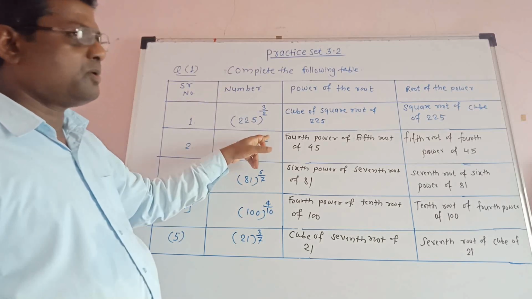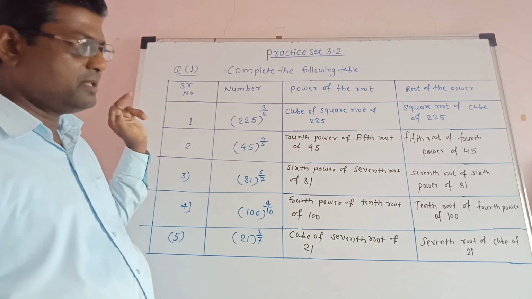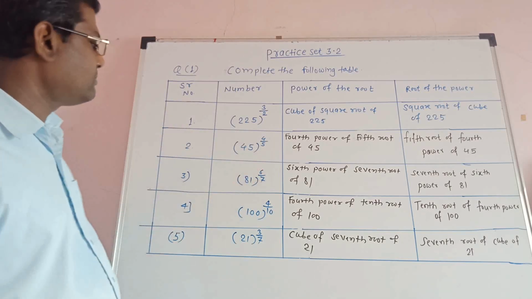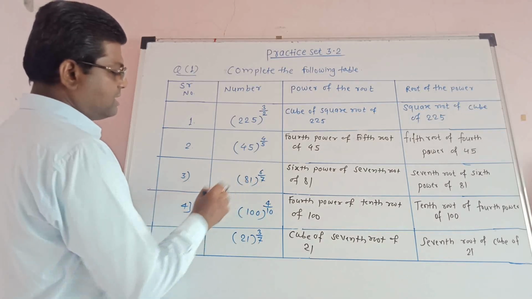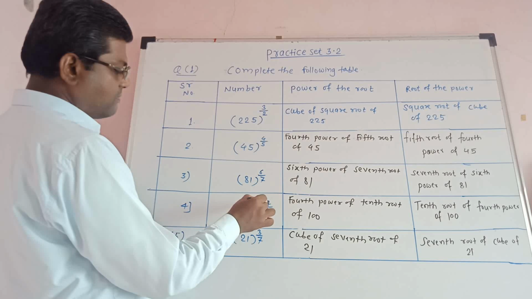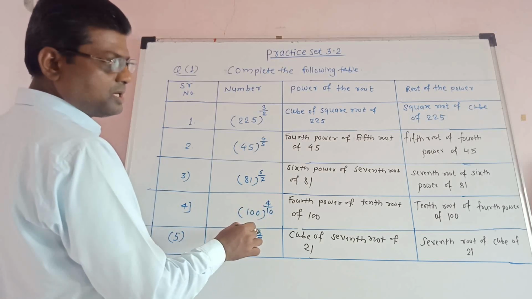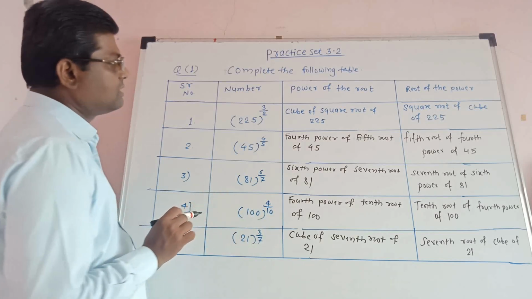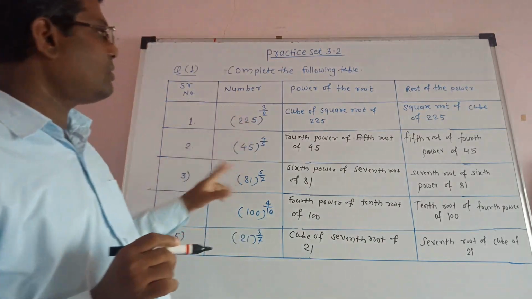So fourth power of fifth root of 45. In this way you can write. Sixth power of 7th root of 81. Fourth power of 10th root of 100. Third power means cube of 7th root of 21.